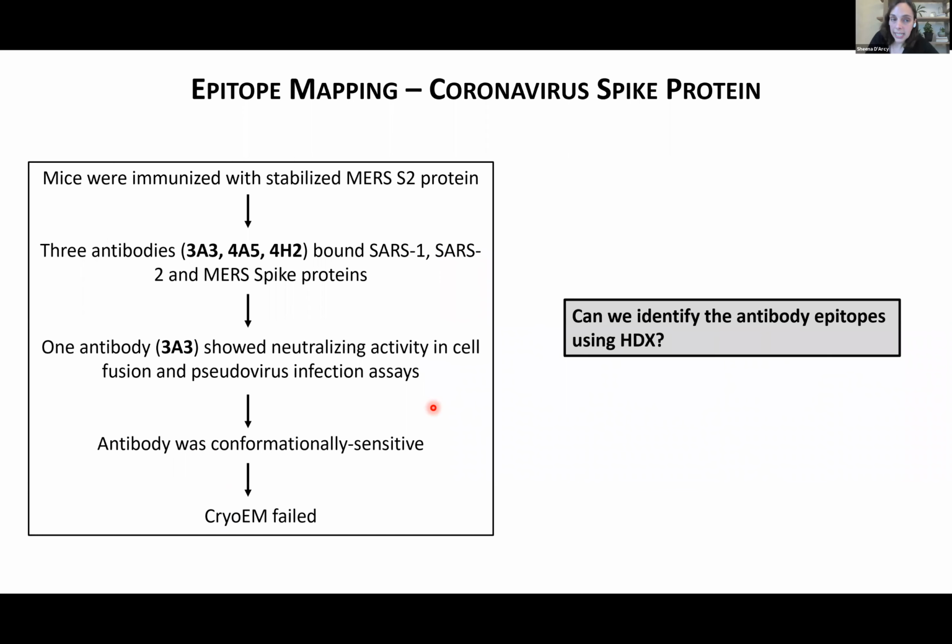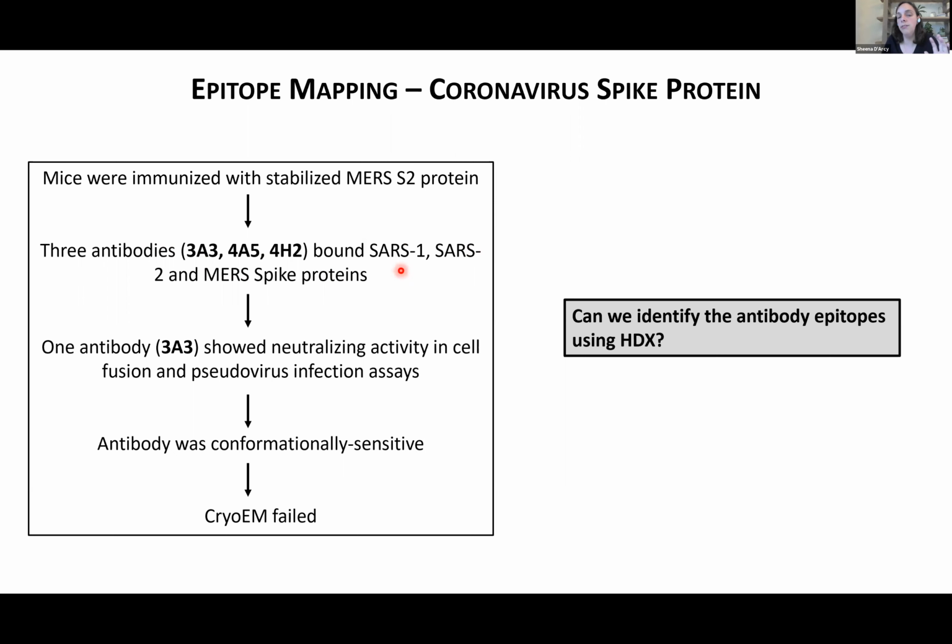So our collaborators had immunized mice with a stabilized MERS S2 protein. Okay, so this was not even the spike protein from the SARS-1, which causes the coronavirus. The resulting antibodies were then characterized, and 3 of them were identified to bind all 3 spike proteins.